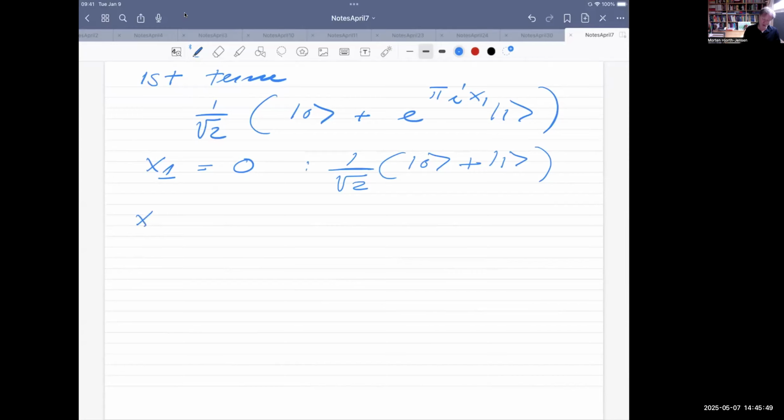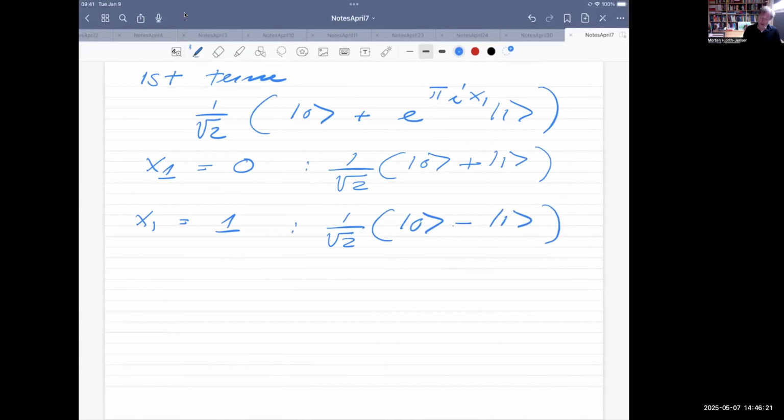Now, if x1 is equal to 1, we get e to the pi i multiplied with 1. So that gives us minus 1. So in that specific case, we would have 1 over square root of 2. So this is all from the first qubit. So plus 1, actually it's a minus 1 here.